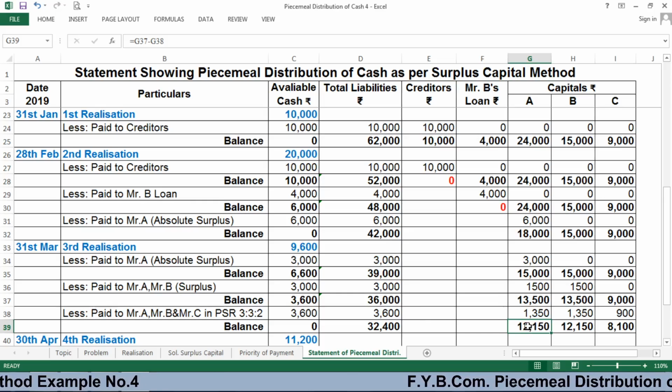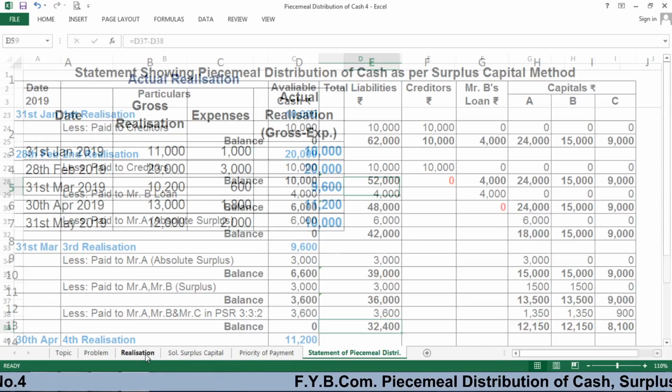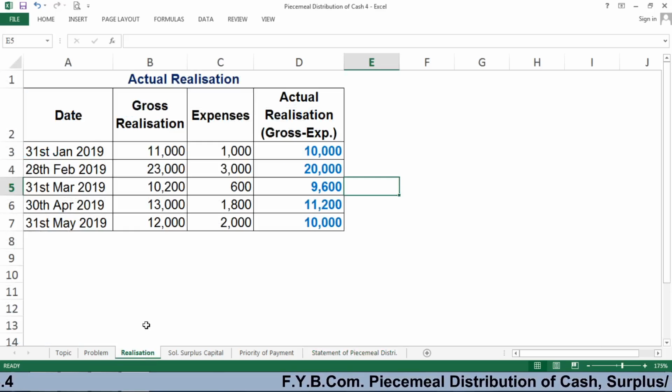So here 13,500 plus 13,500 plus 5,400 equals 32,400. You can calculate it by using your calculator. So we are on the right way. Next realization, because we have a cash of ₹0, so we can call our next realization number 4, that is on 30th of April, 13,000.